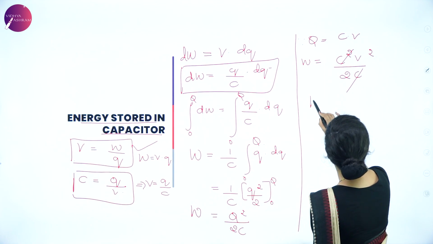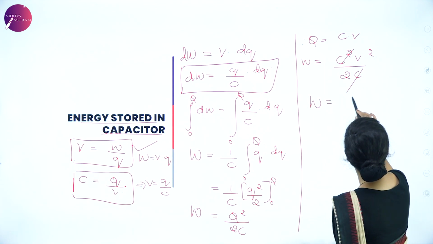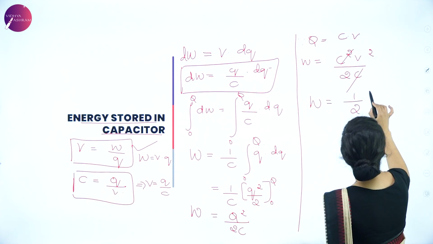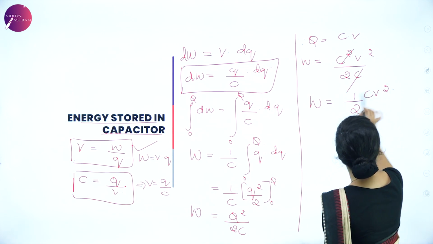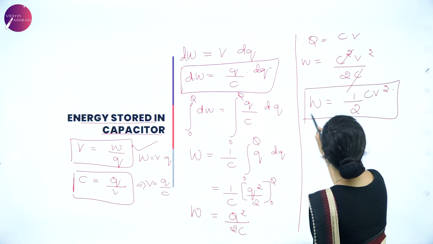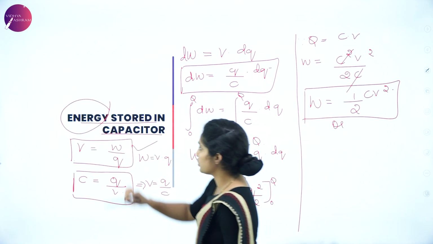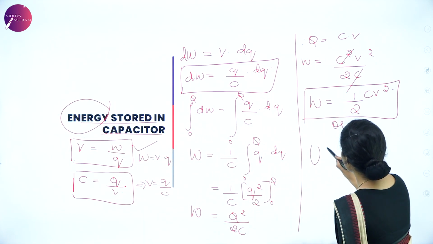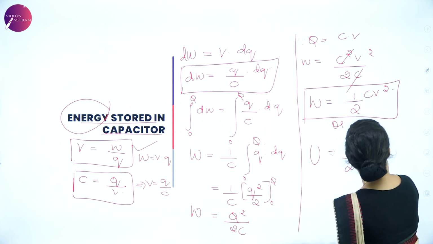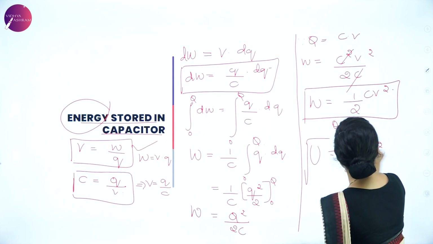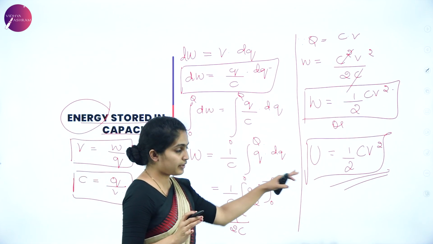C cancels with C, so we have W is equal to 1 by 2 CV square. Since we are checking the energy stored, energy can be written as U is equal to half CV square, the potential energy. And this is the final expression.